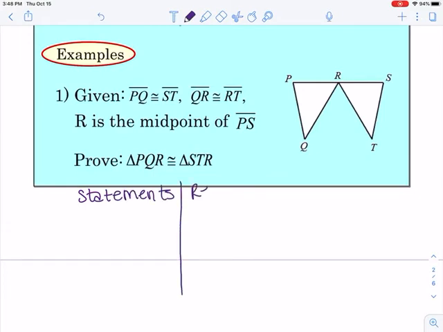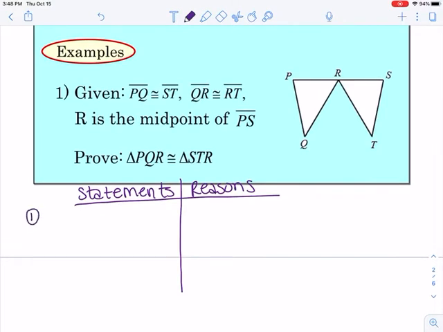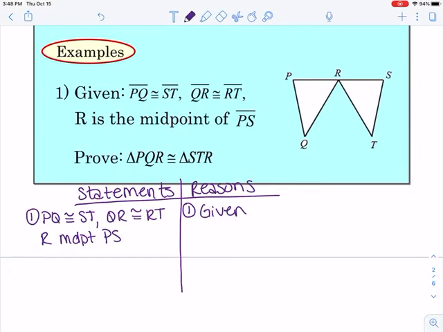And again, the first thing that is always going into your proof is your givens. So given, I have PQ is congruent to ST and QR is congruent to RT. And I'm also told that R is the midpoint of PS. All that I know is true because it's given.